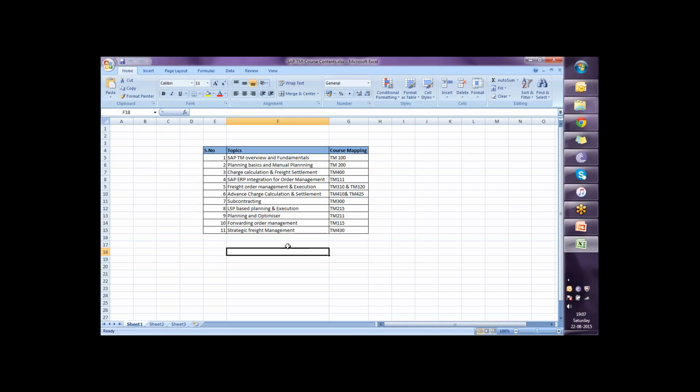Basically, SAP has come up with this kind of course mapping because there are many trainings, and people who take trainings don't want everything. They want certain specific stuff. For example, earlier it used to be 100 and 110. 100 was more of a process guide, and 110 was how you set up the process.